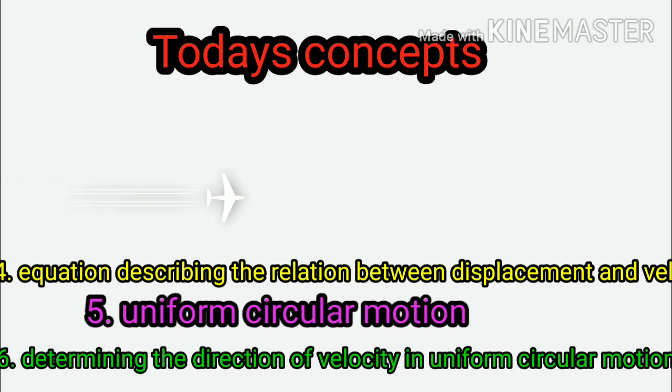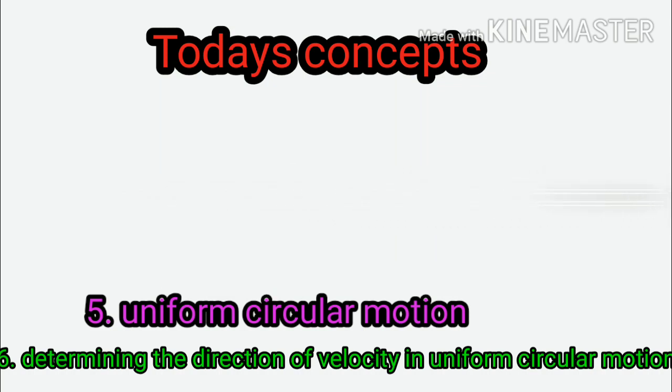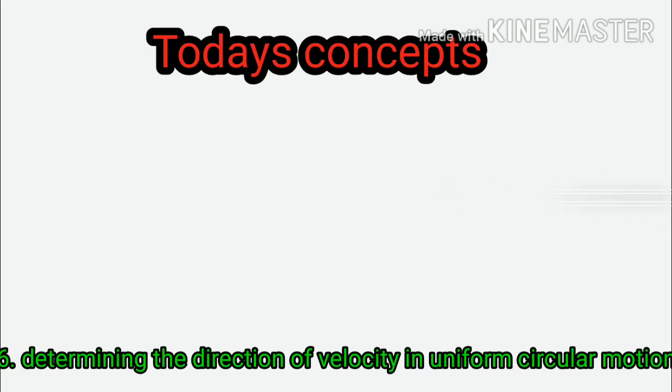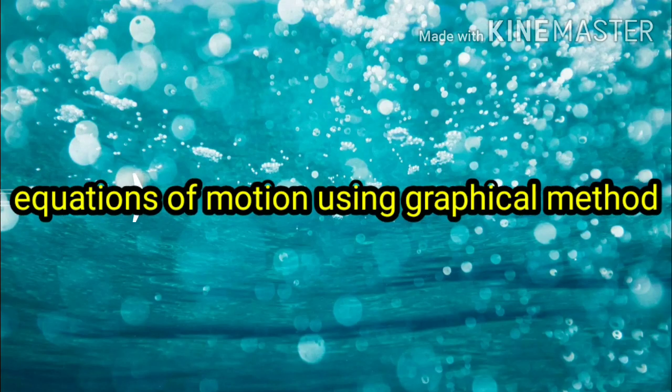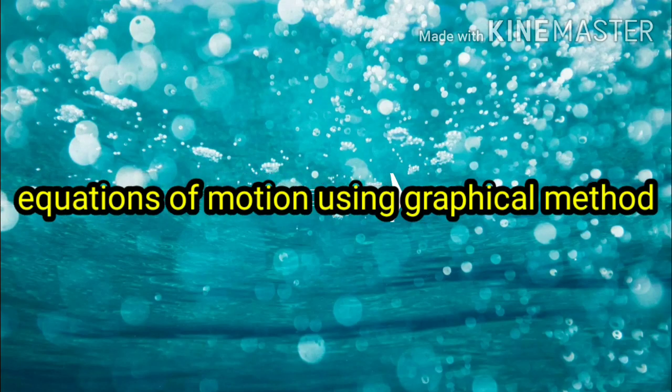Then we discuss uniform circular motion, and finally determining the direction of velocity in uniform circular motion. Today's first concept is equations of motion using graphical method.